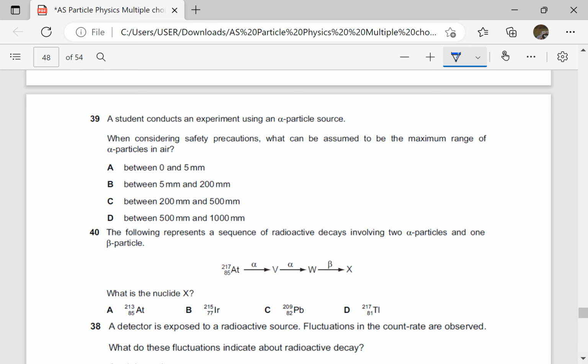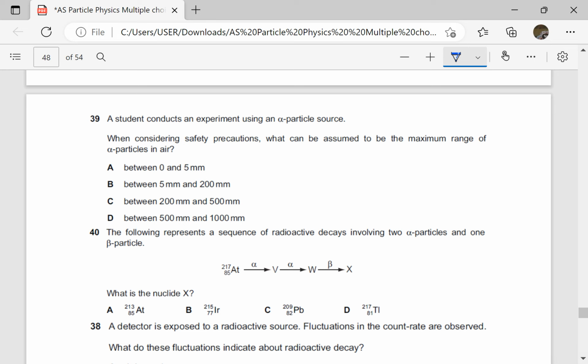Between 5 and 200 millimeters, 200 divided by 10, those are 20 centimeters. So the answer is going to be B. The range of alpha particles in air is approximately 6 centimeters, so it is between 5 and 200 millimeters.